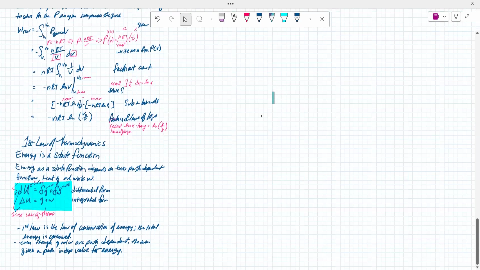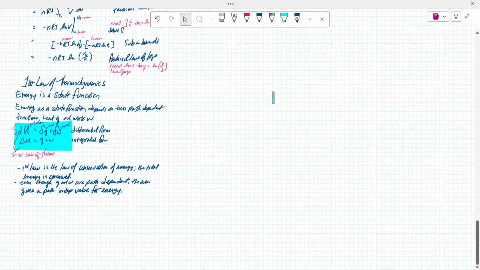And the first law of thermodynamics, which we've used to wrap this up as a bridge to our next topic, which is really getting into the first law next time about energy as a state function, is that heat and work are really complementary to each other. Even though they each depend upon how things got there, which means we're going to have to do some calculus next time, they sum up to the same number. What do I mean?